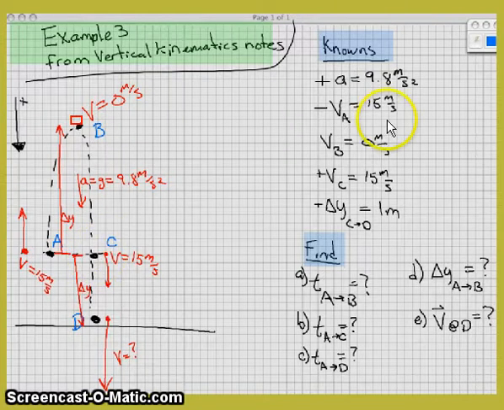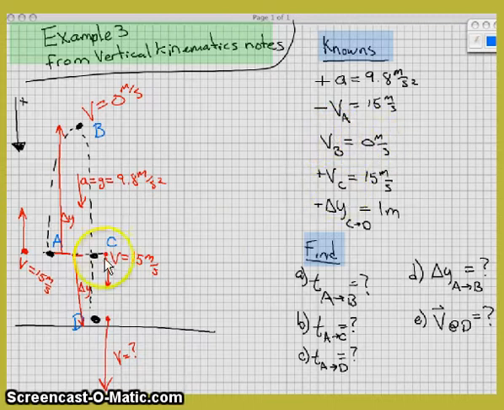So if we go over our knowns, of course the entire time interval here, we have an acceleration, a positive direction. Again, it's down, and my acceleration is down. So it's always the 9.8 meters per second squared. We have a velocity at point A, it's in the negative direction, here it is there, and it's 15 meters per second. We know at the top, again, the velocity is 0. So we know that.